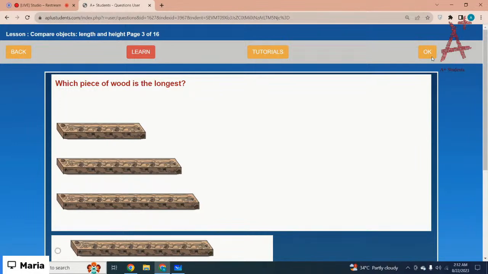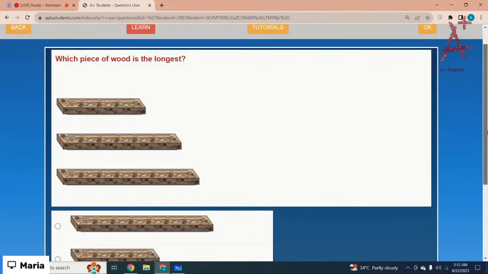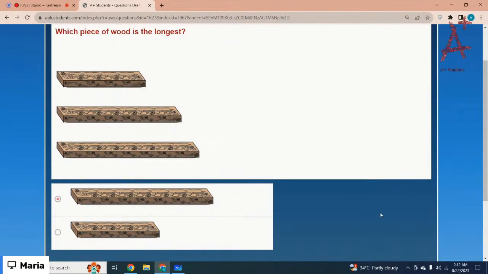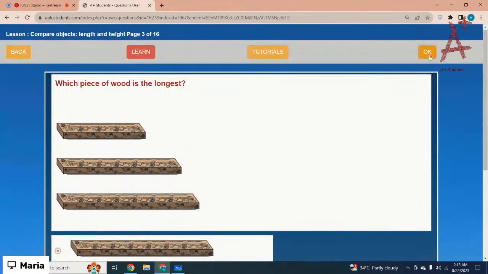Which piece of wood is the longest? Yes, the third one is the longest one. Option number one is the correct option. You can just see the options.